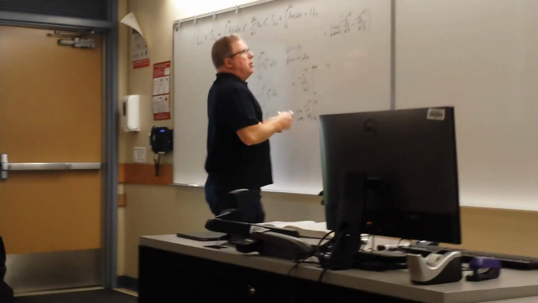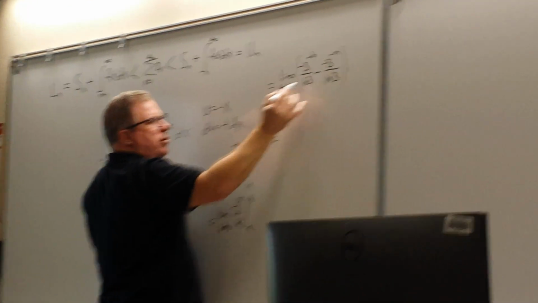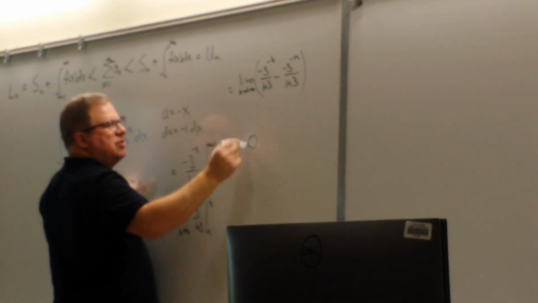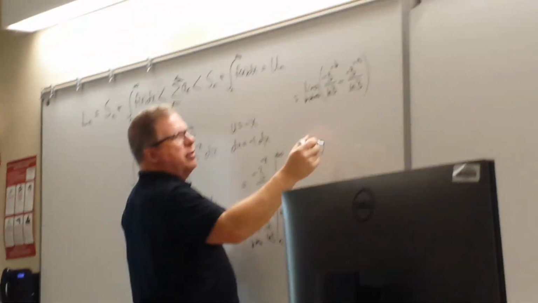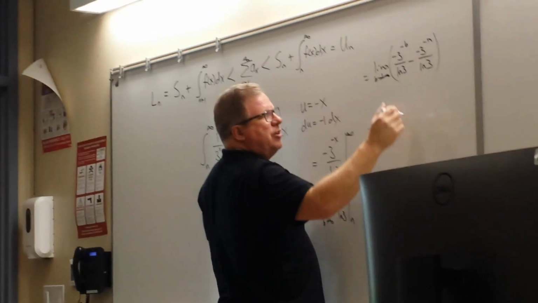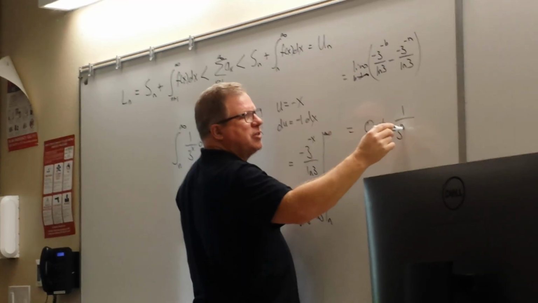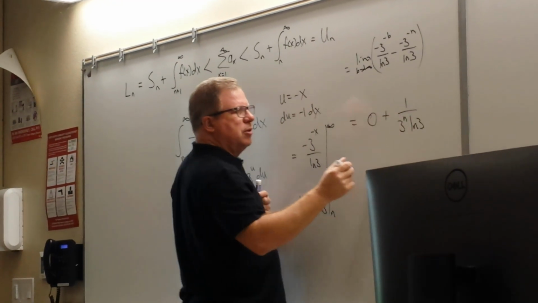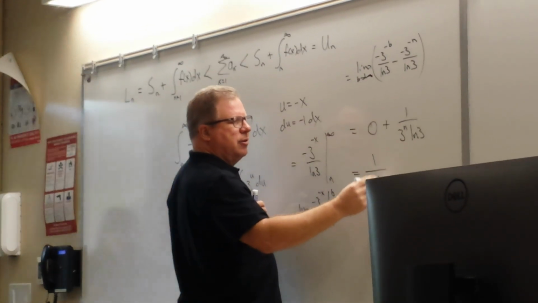It becomes positive, right? That exponent is negative, which moves this to the denominator. As this goes to infinity, that goes to 0. And now we have 2 negatives here, which makes it positive. And this is 3 to the negative n, so I'm going to write this as 1 over 3 to the positive n. So we get 1 over 3 to the n, ln 3.